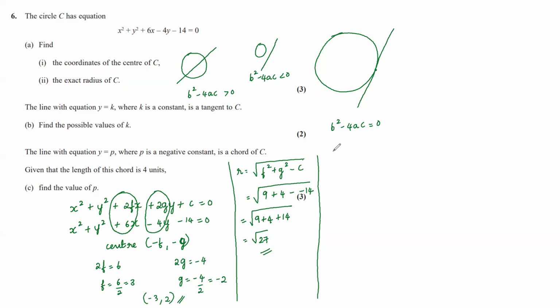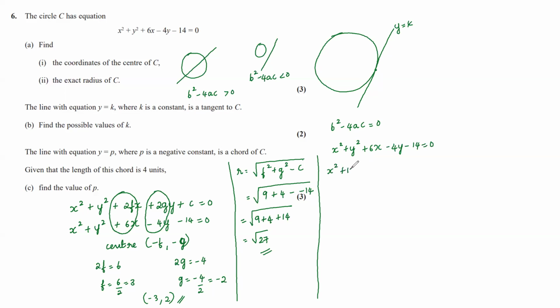The equation of the circle was x squared plus y squared plus 6x minus 4y minus 14 is equal to 0. Wherever we have y, because the equation of this line is y is equal to k, I'm going to replace it with k.